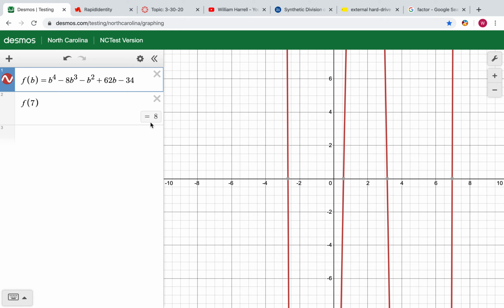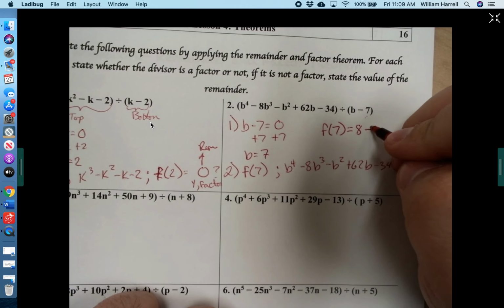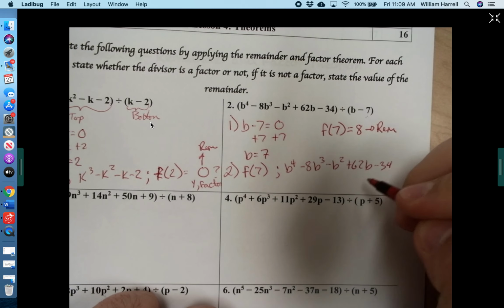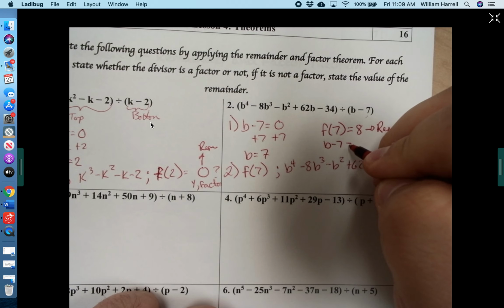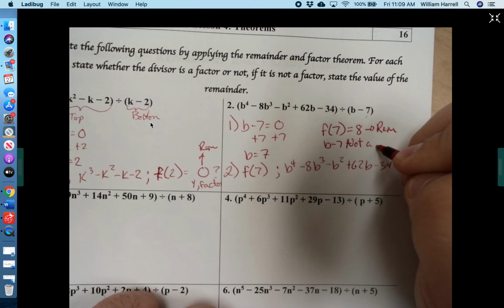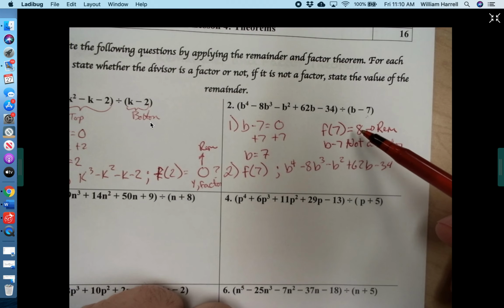So f of 7 equals 8. So this is my remainder. And I can say b minus 7 is not a factor. Again, the reason it's not a factor is I have something that's left over.